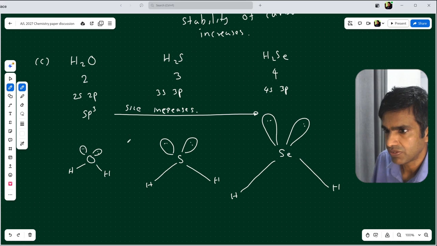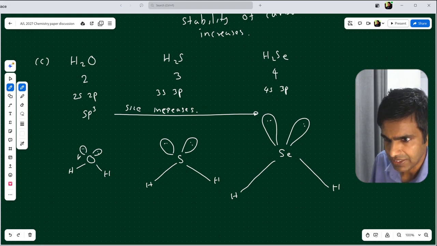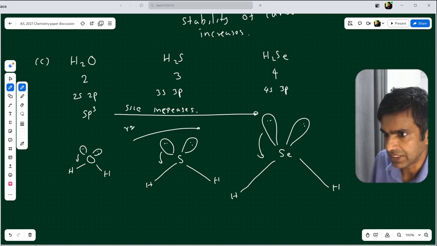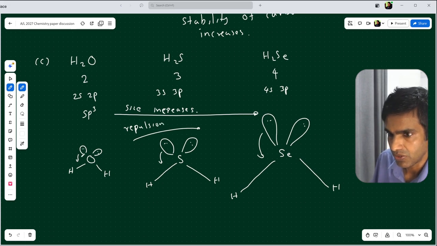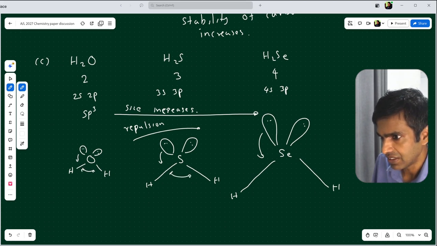When the size of sp3 hybrid orbitals with paired electrons increases, the repulsion from orbitals with paired electrons to bonding electron pairs increases. So in that order, repulsion increases. Therefore, these angles, the size of these angles increases. Because of that, the bond angle reduces.